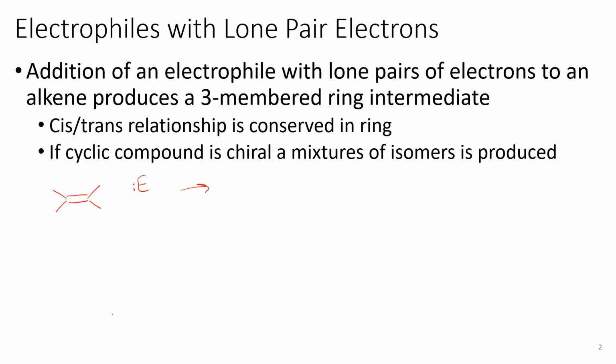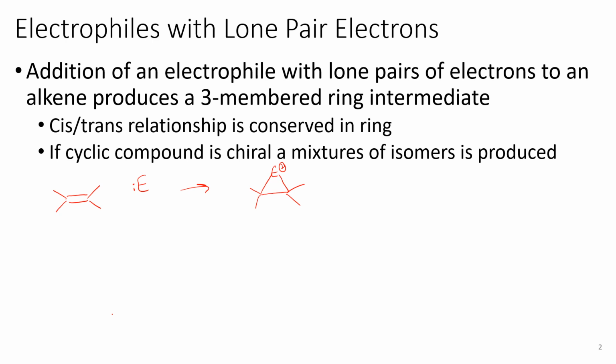So the intermediate that we end up generating is going to be a ringed intermediate, where now that positive formal charge is typically going to be on the electrophile that now has two bonds associated with it, instead of being on the carbocation intermediate.